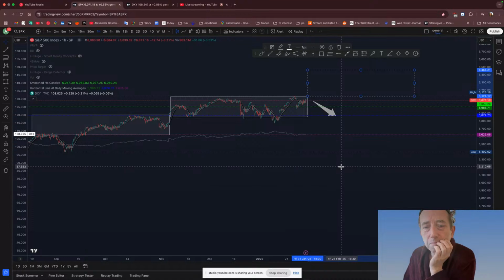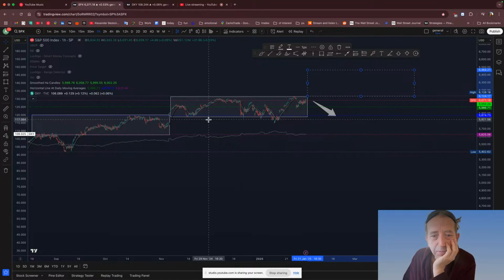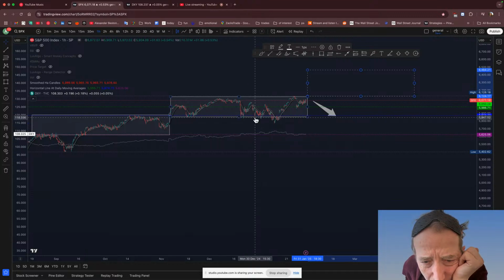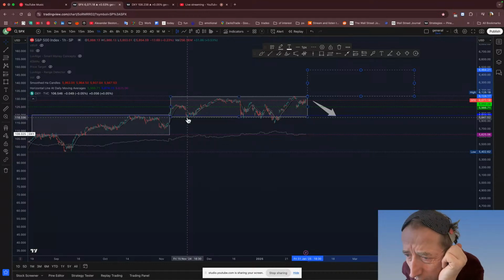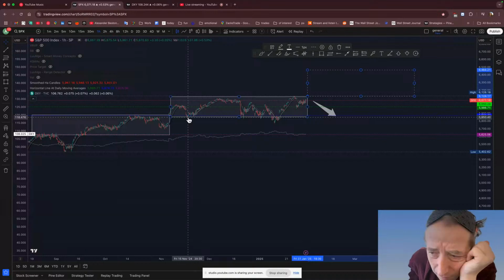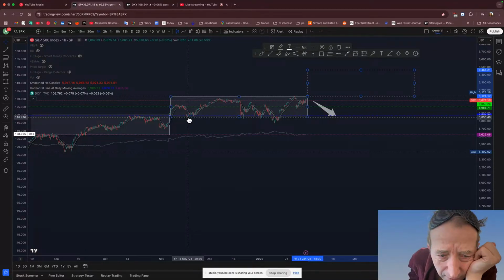I like that. So we're either going to go into a new one, or we come down to the bottom of this one, which has been tested once, twice, thrice, 4 times. So that really is a range, which is 5,850.